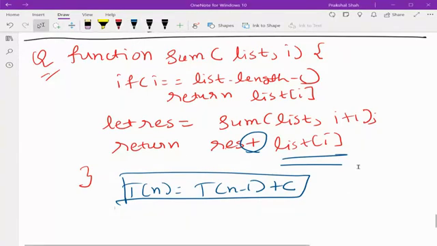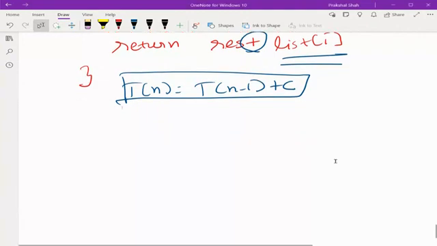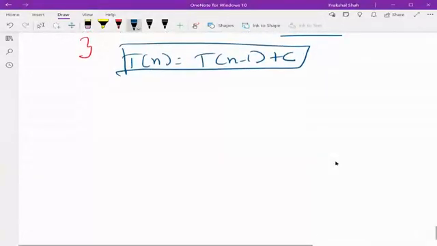Okay. So if you see here, the recurrence relation is clear for everyone. I think it should be. Now you are asked about this T of n minus 1 thing. So what you need to solve first is T of n minus 1 only.